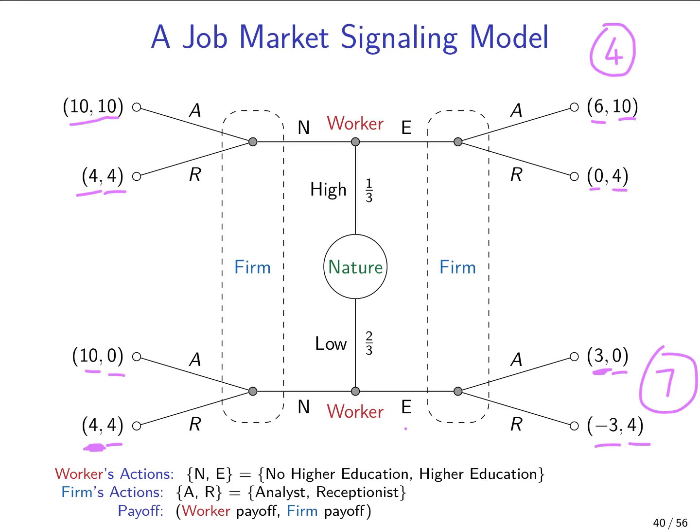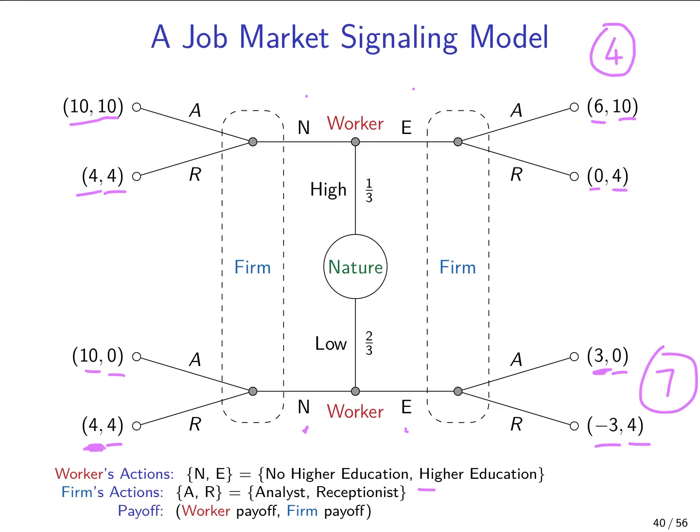And the feasible actions for the worker would be getting higher education, E, or not getting higher education, and that's the case for either type. The firm's action would be to hire the worker as an analyst or hire the worker as a receptionist. And the payoffs are described based on the numbers here. Okay?